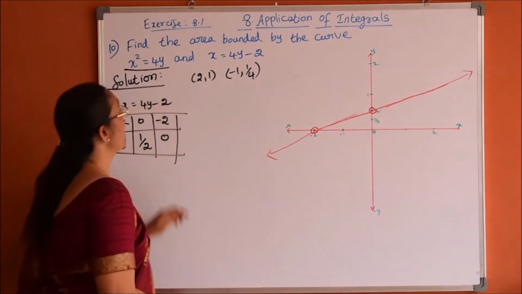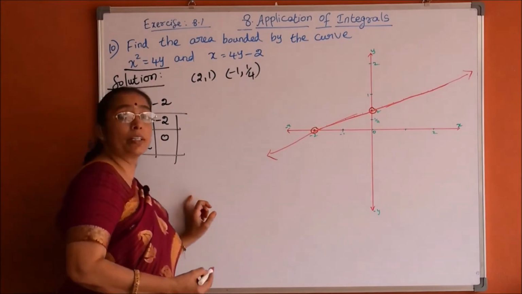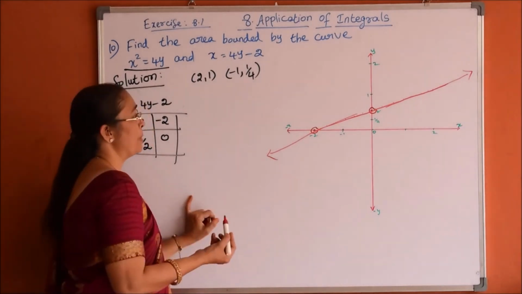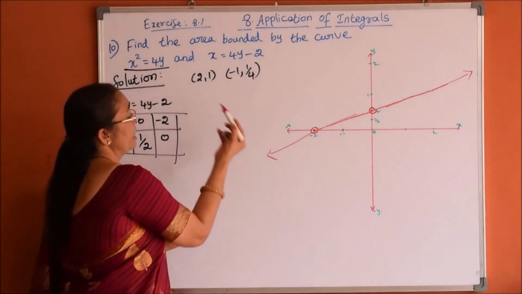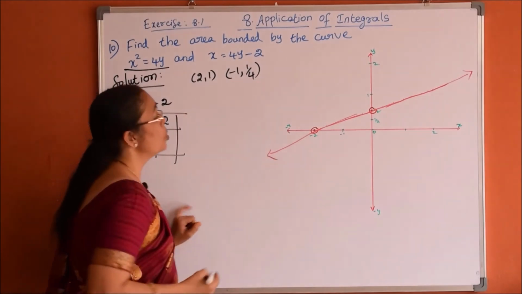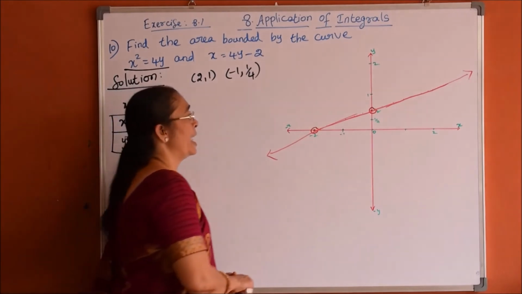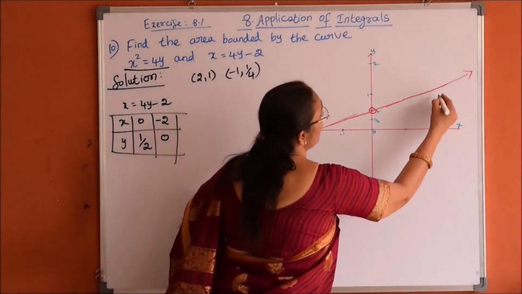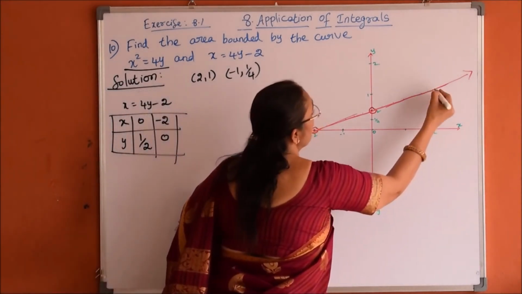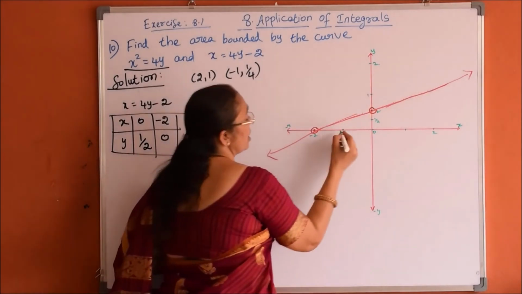Next, the curve x square is equal to 4y is the upward parabola and it is intersecting the straight line at 2 points. One point is 2 comma 1 and another point is minus 1 comma 1 by 4.